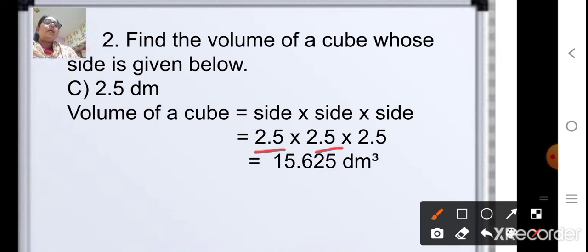So 2.5 into 2.5 into 2.5. So the answer is 15.625. That is, after 3 decimal places, you place the point. So your answer is 15.625 decimeter cube or cubic decimeter, dm cube. So this is how your answer is written for volume.